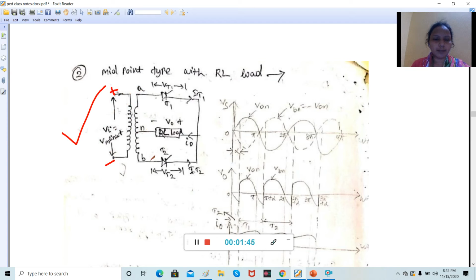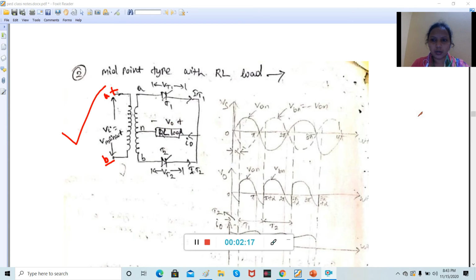The secondary side is the center tap type. This point is A, this is the neutral point N, and this is point B. The thyristor T1 acts as the incoming thyristor, T2 acts as the outgoing thyristor. The load is an RL load.